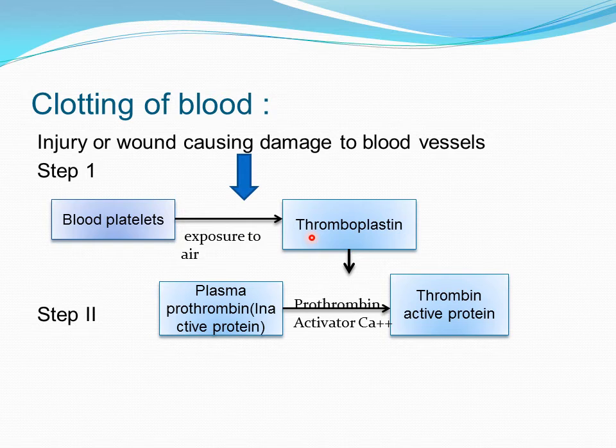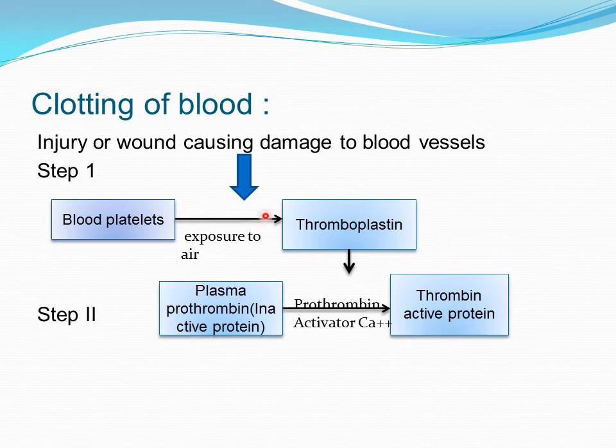What is happening? Now this thromboplastin is being liberated, which helps in the formation of an enzyme called prothrombinase. And this enzyme activates the plasma prothrombin, that is inactive protein component, to active protein thrombin. Is it clear?